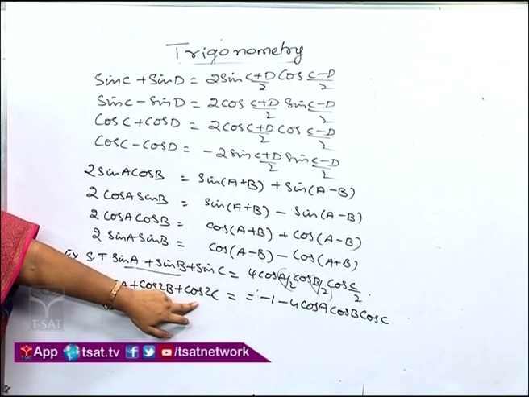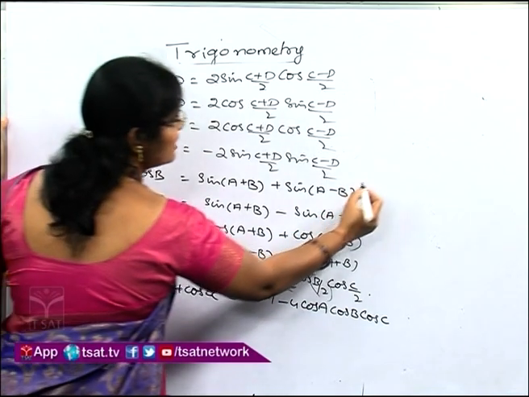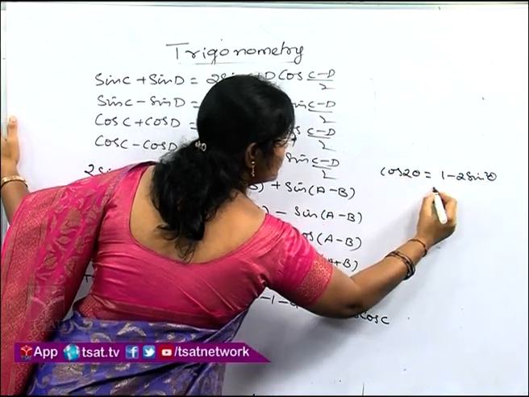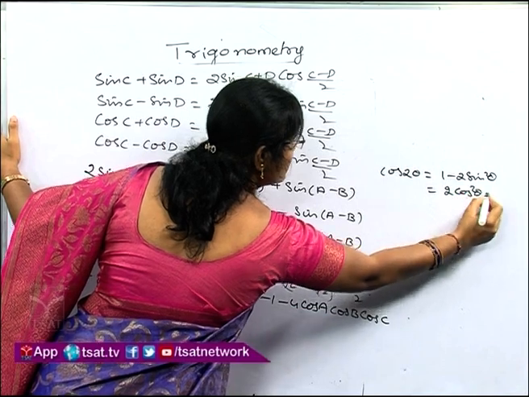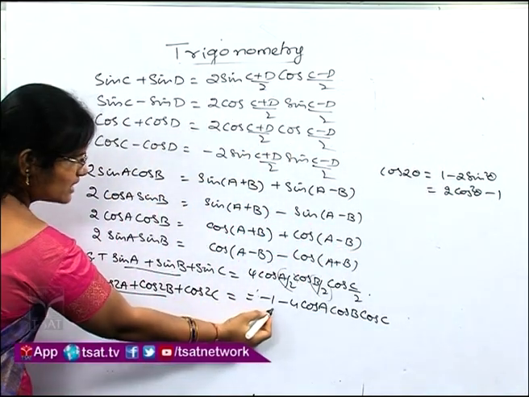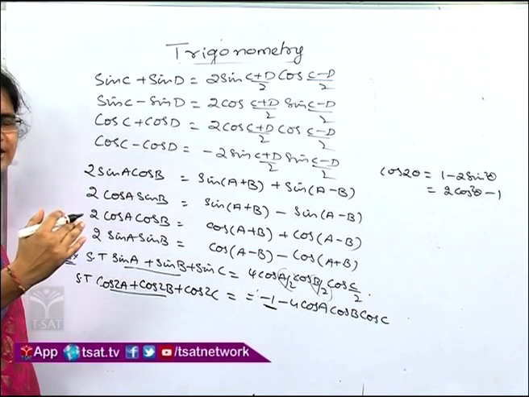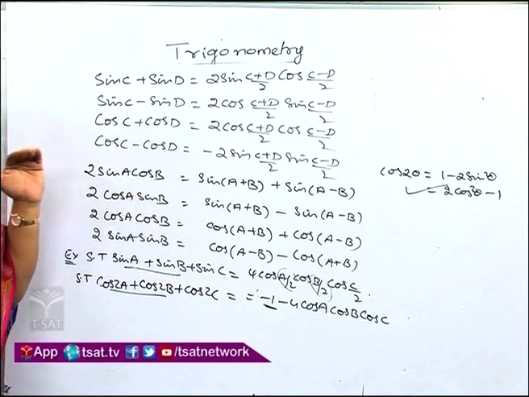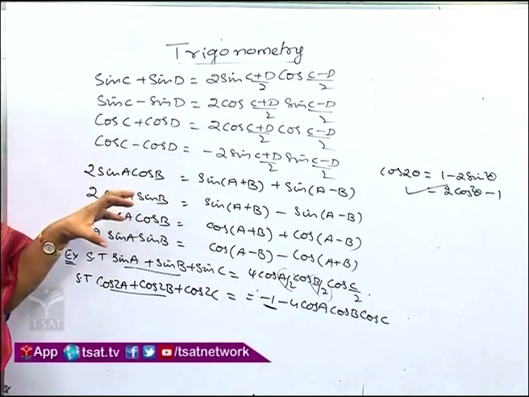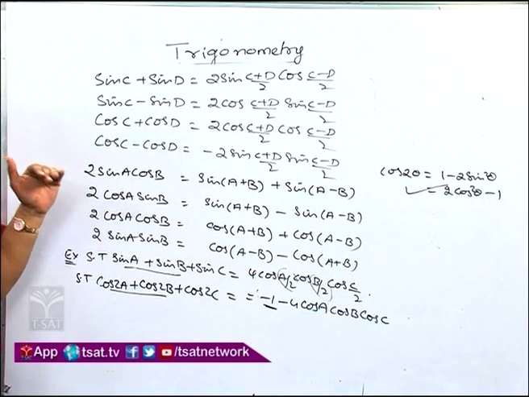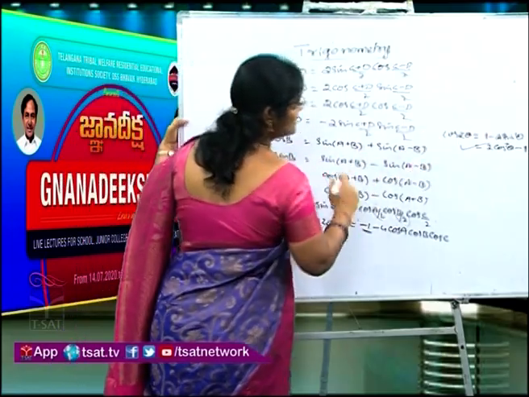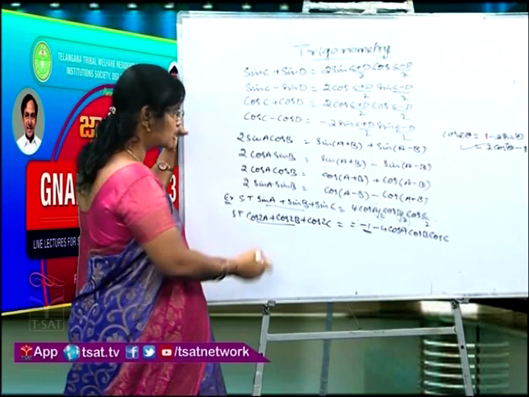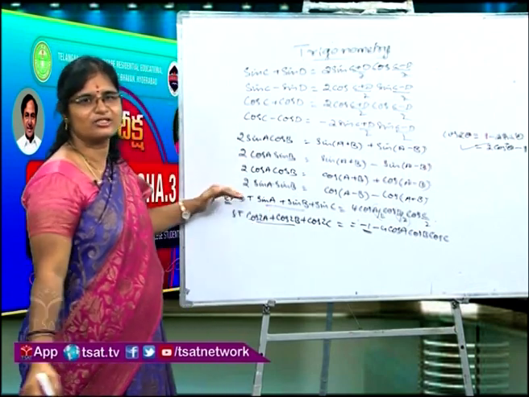We have seen the cos 2 theta formula: 1 minus 2 sin square theta, one formula we have seen, and 2 cos square theta minus 1 we have seen. So here if you observe the answer, minus 1 is there, children. Which formula do we have to use? The second formula we have to use. In that way you should be able to write which formula will come in a question. If you are thorough with your formulas, then definitely we will know, children, which formula we have to apply. Okay children. Like this we can deduce problems easily, children.